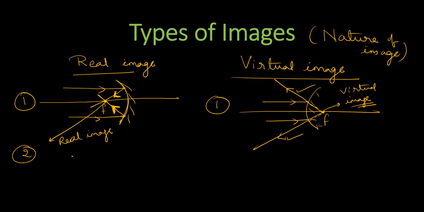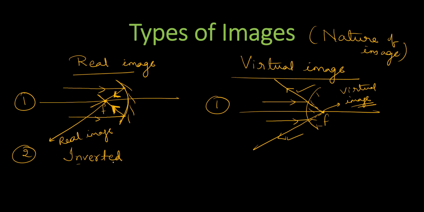Next, all real images are inverted. Whenever a real image is formed, that means the image is formed by the actual intersection of reflected or refracted light rays, that image is always formed below the principal axis.